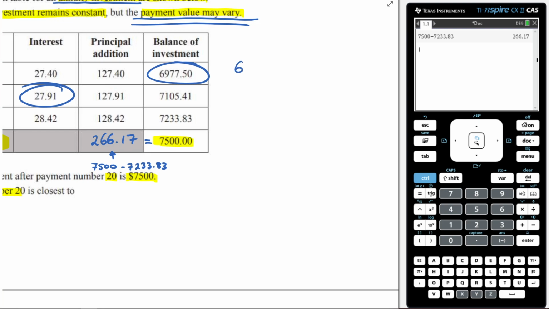So 6977.50 times some interest rate that I don't know is going to be equal to 27.91. If I want to figure out this interest rate, I can simply go 27.91 divided by 6977.50. So what I'm doing there is just rearranging this.